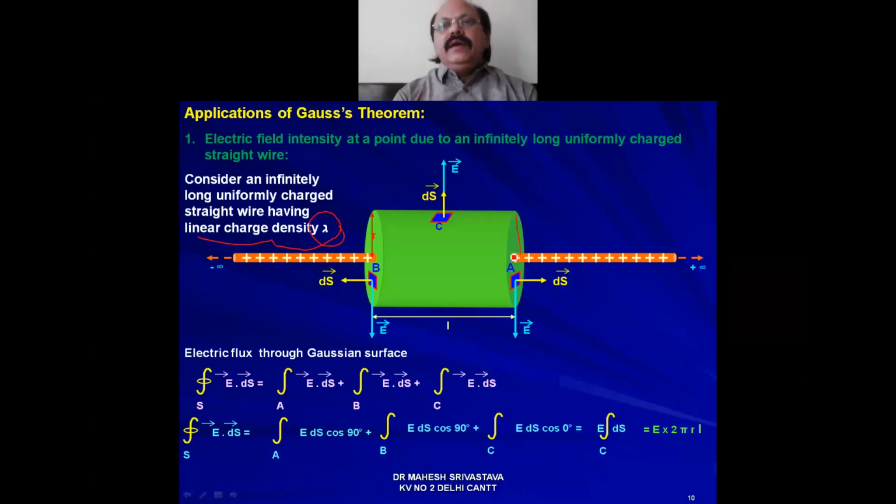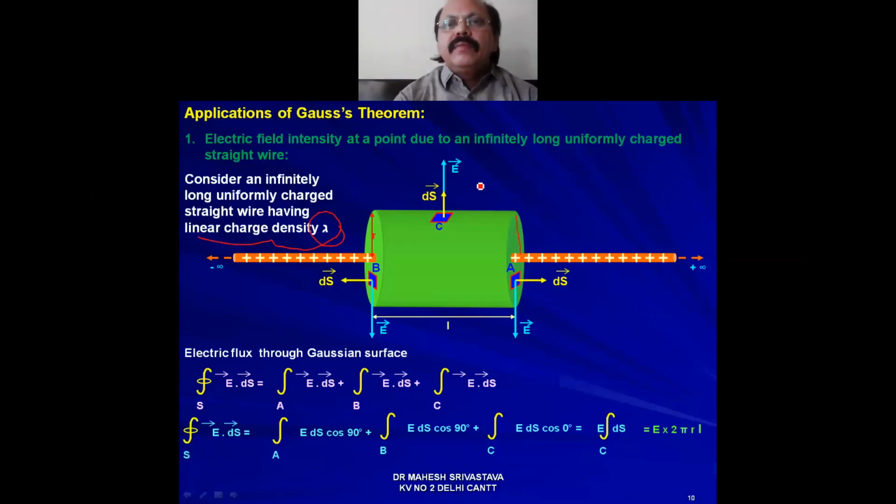Now we have three surfaces here. One is the flat surfaces A and B, another one is the curved surface C. Due to this uniformly charged straight wire, the direction of the electric field is radially outward.